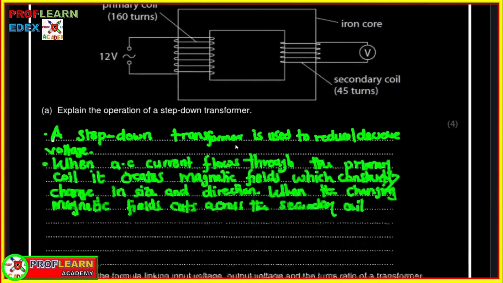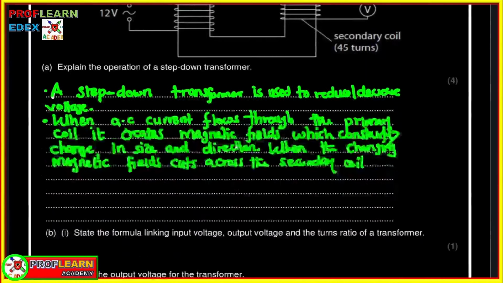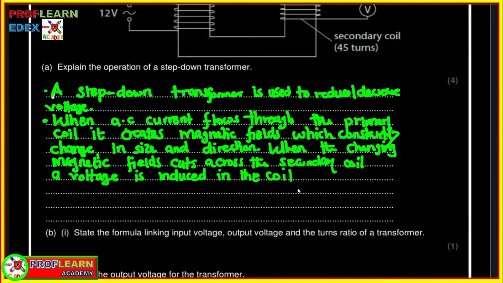And since we have fewer turns in the secondary coil, less voltage is going to be induced in the secondary coil, thus reducing the voltage. So basically, that's what you are supposed to write in your exam in order to earn the 4 marks.